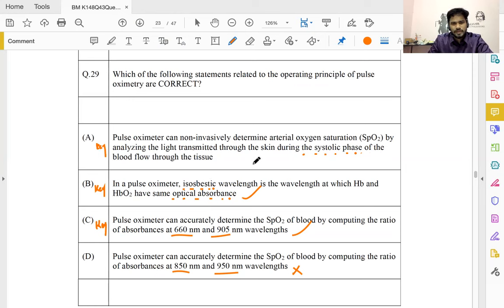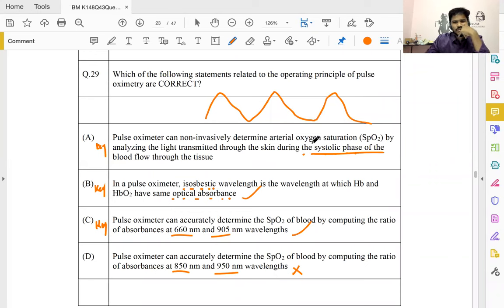The question is, does it analyze light transmitted through the skin during the systolic phase of the blood? No, there is a DC component due to the diastolic phase. It gets light transmission not just during the systolic phase. It should get a pulse wave like this, and after that there will be a DC due to all of that.